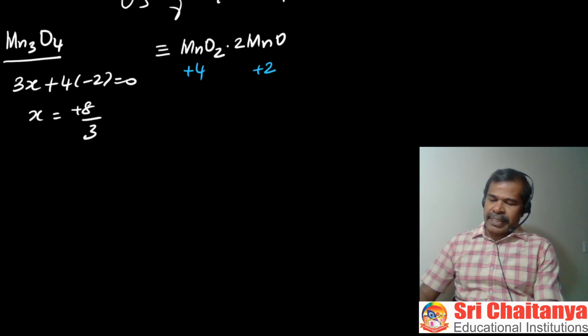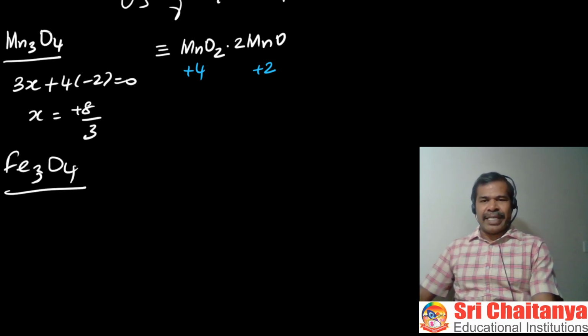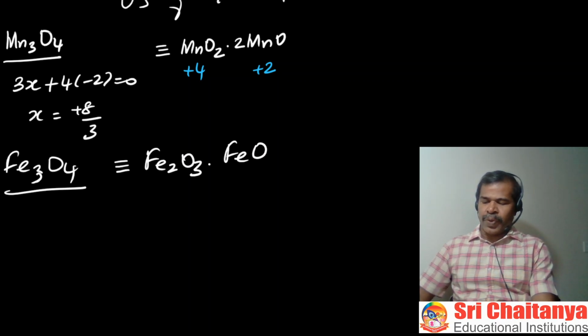So another similar example is Fe3O4, that is magnetite. This magnetite is again a mixed oxide of Fe2O3 and FeO.